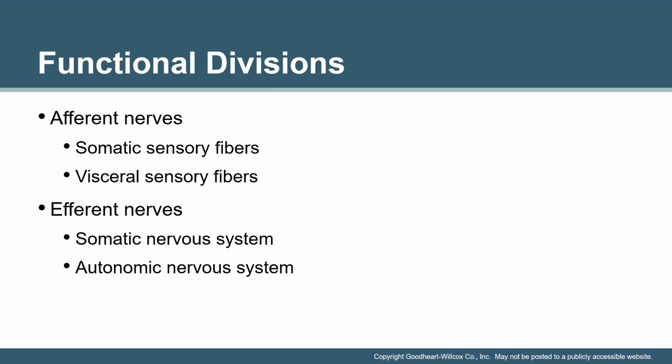And this is afferent nerves and efferent nerves. The difference being, afferent nerves are going to bring information into the central nervous system. The efferent nerves will take information or deliver direction to the body from the central nervous system.